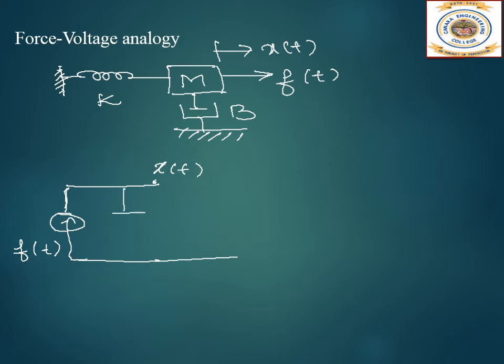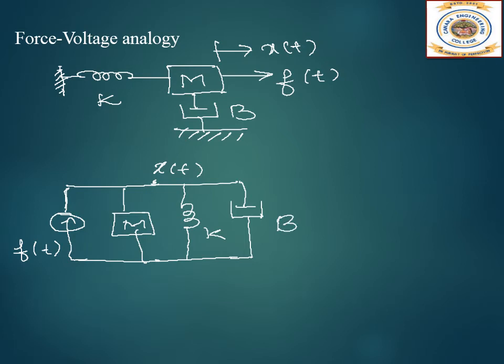So we will draw the mass. So this is m. Then k is connected between the reference and the mass, so that also will come over here. B is also connected between the mass and the reference. So that junction, the node and the reference. So this will be the equivalent mechanical network.